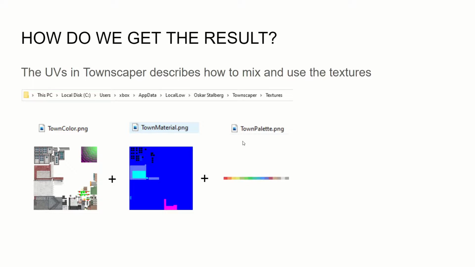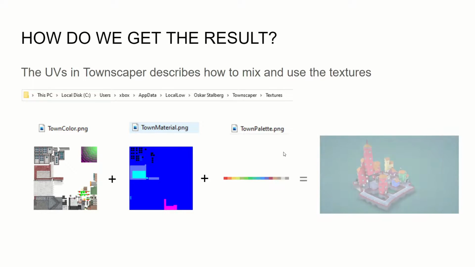Then we have the last part, which is a town palette. That is just a texture that contains 16 or 17 different colors, going from red to gray. If we mix all of these together in a special mixture, then we get this result.